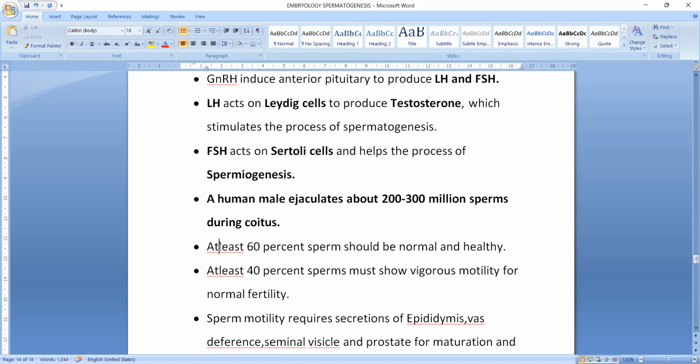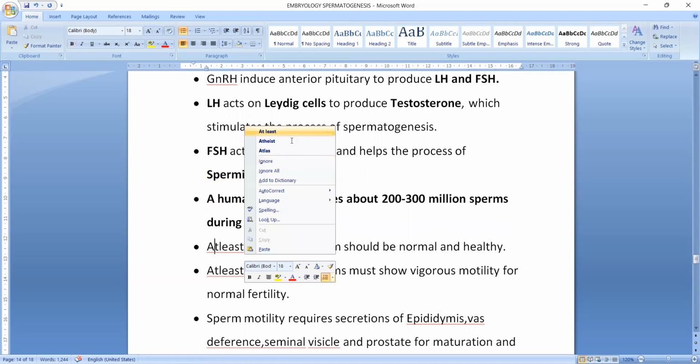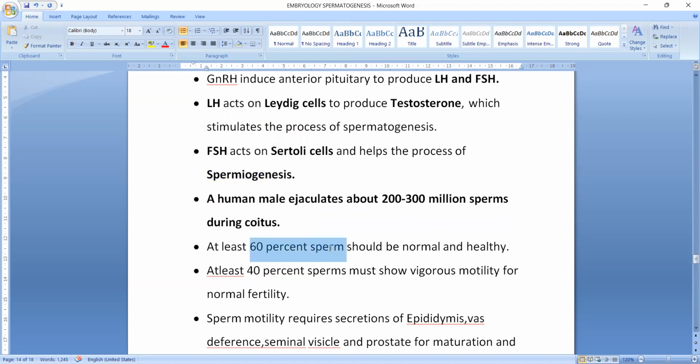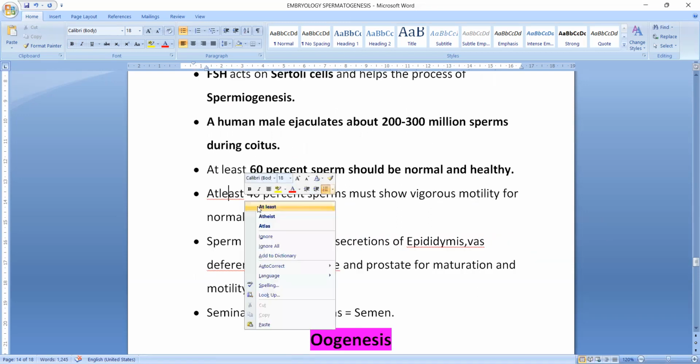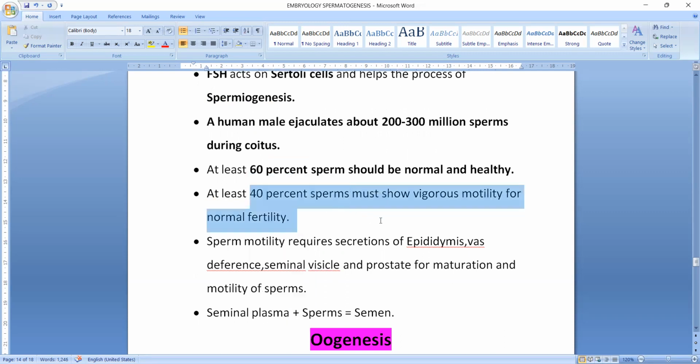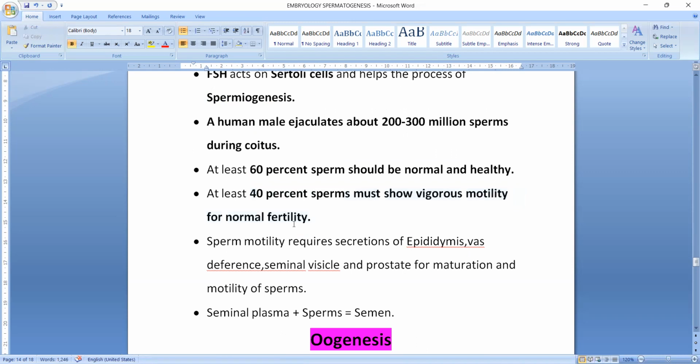Here the condition is that at least 60% of sperm should be normal and healthy, and at least 40% of sperms must show vigorous motility for normal fertilization or fertility. So the very important factor in fertility is the motility. Movement of the sperm should be very, very vigorous.